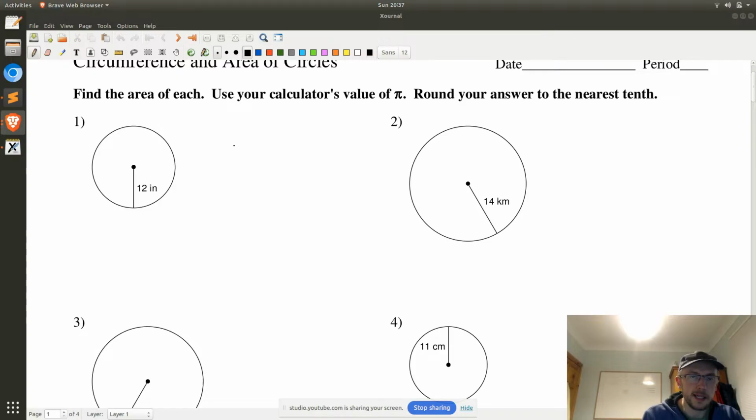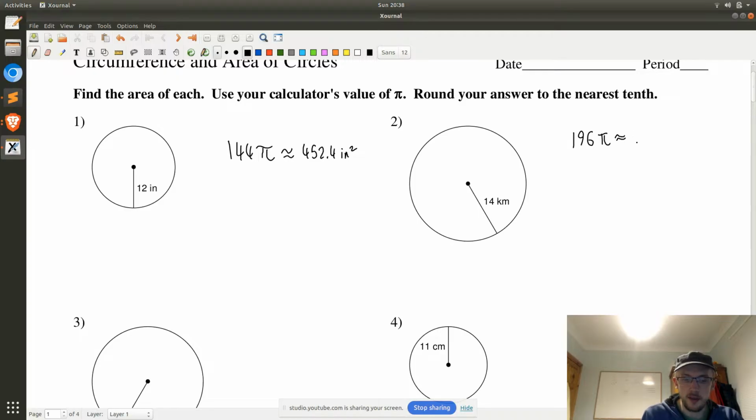The area will be pi r squared. In this case, r is 12, so it'll be 144 pi exactly. Which is, to the nearest tenth, 452.4 square inches. Here, it'll be 196 pi, which is 14 squared.